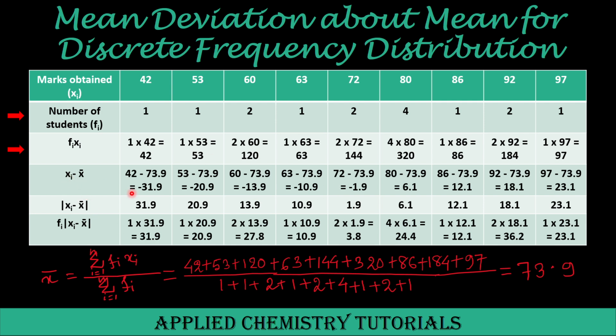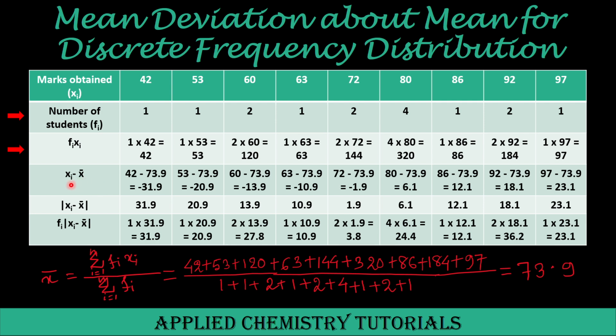Here xi minus x bar can be determined next. So for a particular column we have 42 here, minus the x bar term we calculated here. So 42 minus 73.9 is minus 31.9. 53 minus 73.9 equals minus 20.9, and so on.